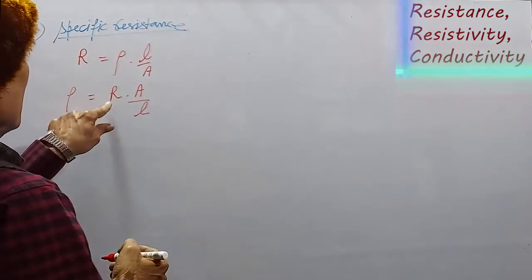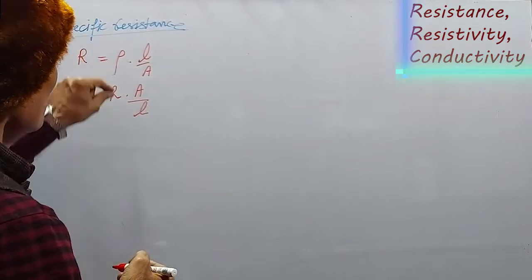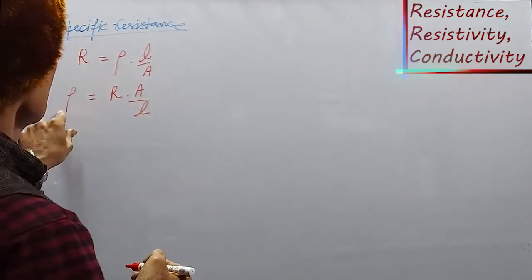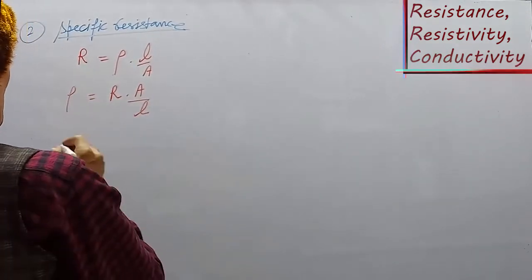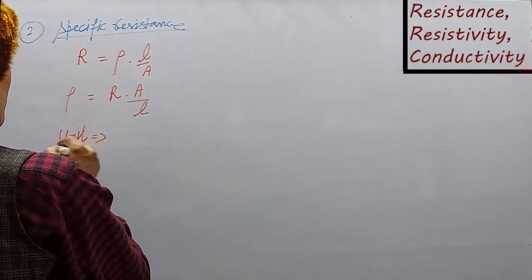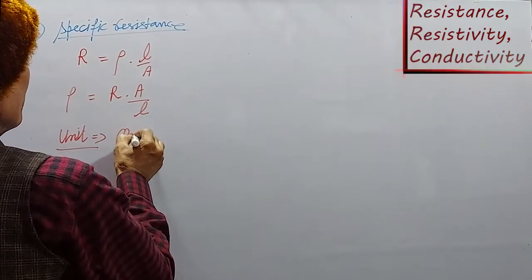Now, resistance into area of cross section divided by length of the conductor is specific resistance or resistivity. Now, unit: here unit of resistance is ohm.